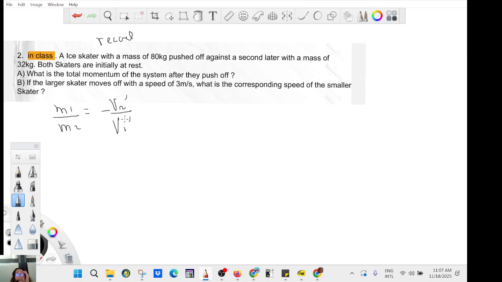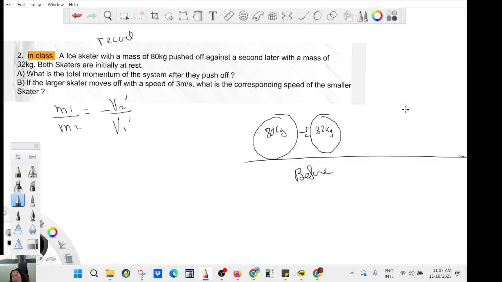You see, it's opposite. So before, they don't move, and after, they move. This one has a small speed, and the ratio between the mass and the speed is the same, right? Plus, minus, after.